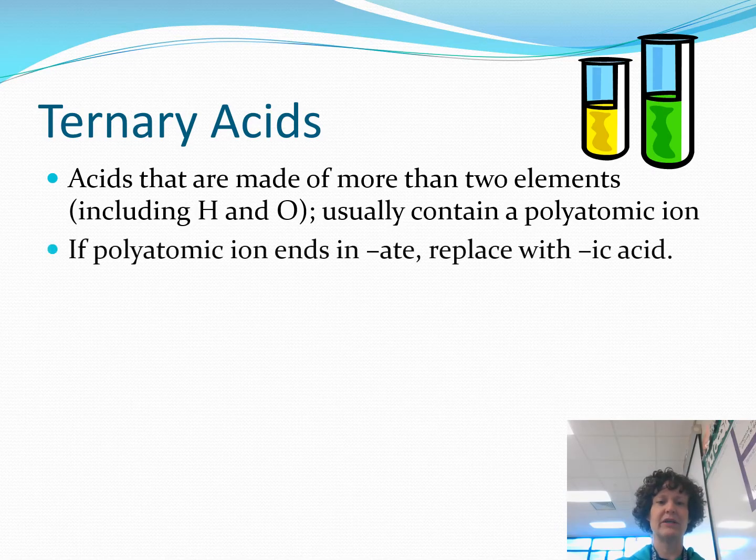If the polyatomic ion that is in your acid has a name that ends in ate, so you can think of some examples like sulfate, nitrate, phosphate, then all you're going to do is replace the ending of that polyatomic ion with ic acid. Now, I will say sometimes it gets a little tricky.